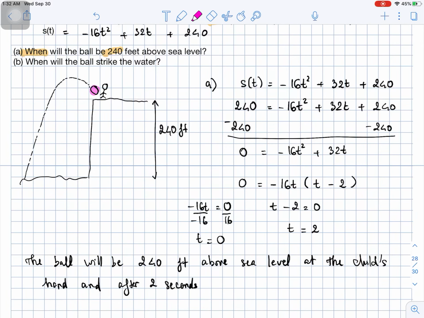Now you look at the picture. You look at the ball. So if the ball stays on the child's hand, the ball does not travel. We count 0 time, okay? And then when the child throws the ball, the ball will be somewhere like this.